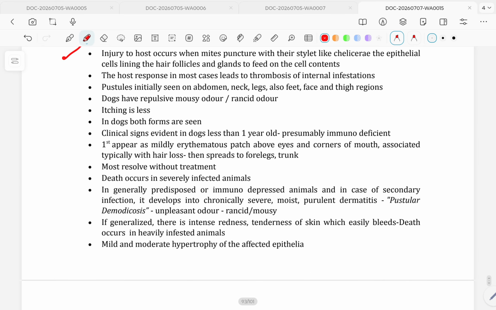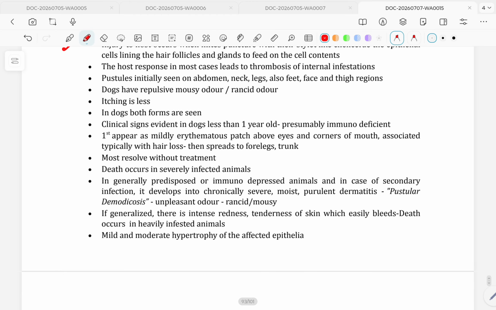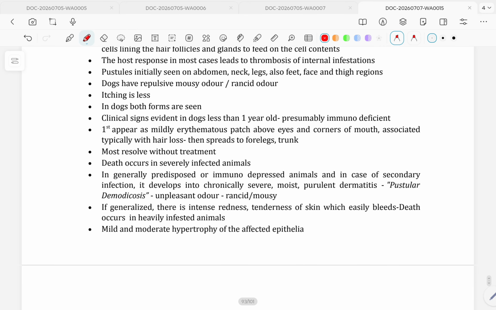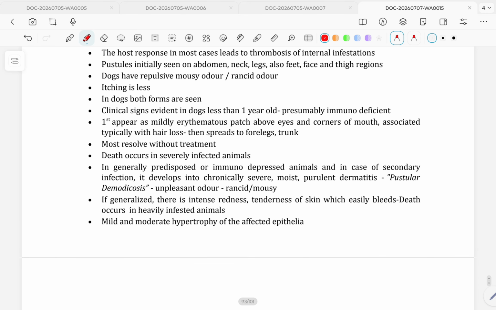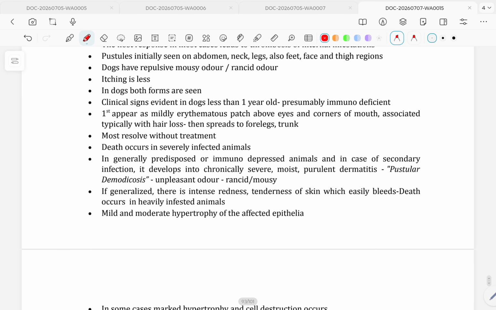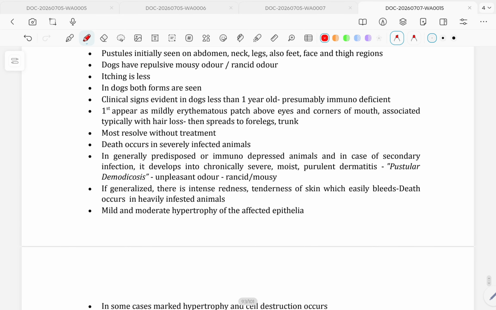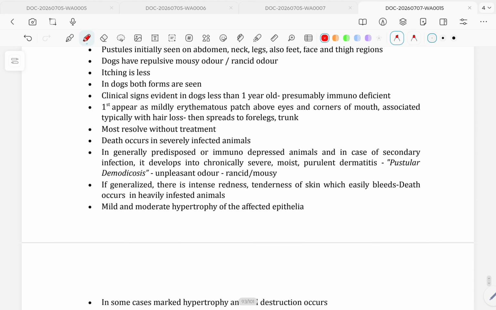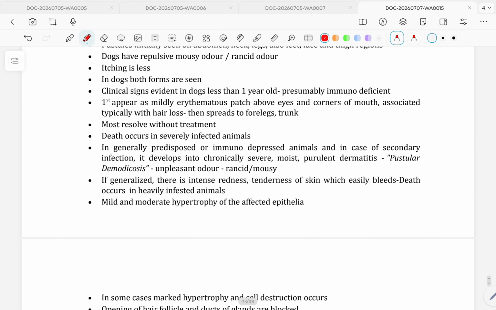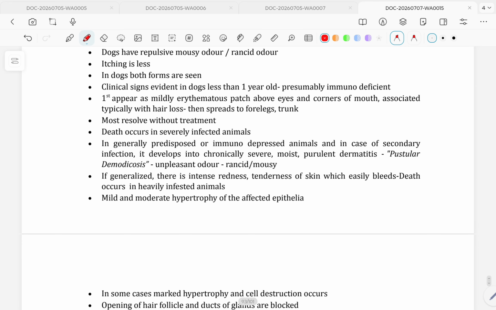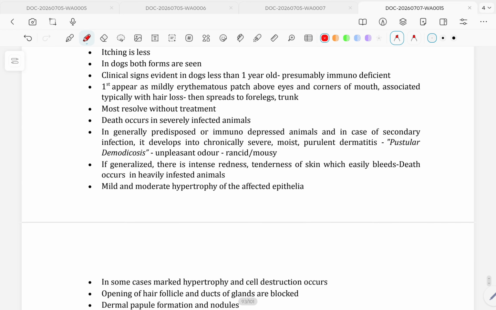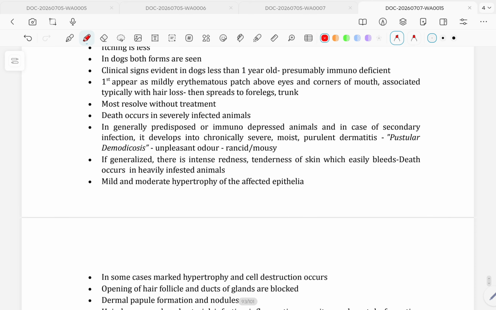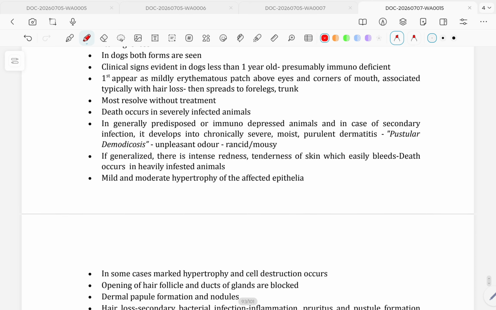Both forms are seen. Clinical signs are evident in dogs less than 1 year old, presumably due to immunodeficiency. They first appear as a mildly erythematous patch above the eye and corner of the mouth, associated typically with hair loss, then spread to the four legs and trunk. Most resolve without treatment. Death occurs in severely infected animals.